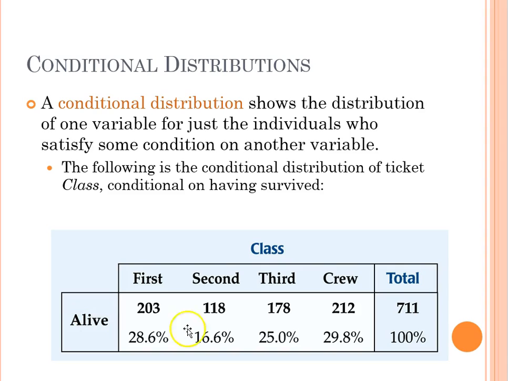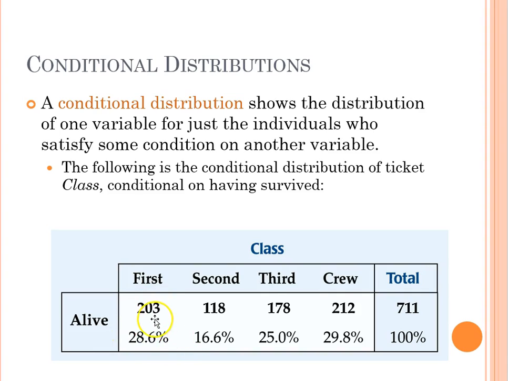So we have conditioned upon the information that we're only looking at passengers that survived, and the total that we're interested in is this total here of 711. Conditioned means you have some information, and that information is that the passenger survived. So we've removed all the passengers that did not survive.